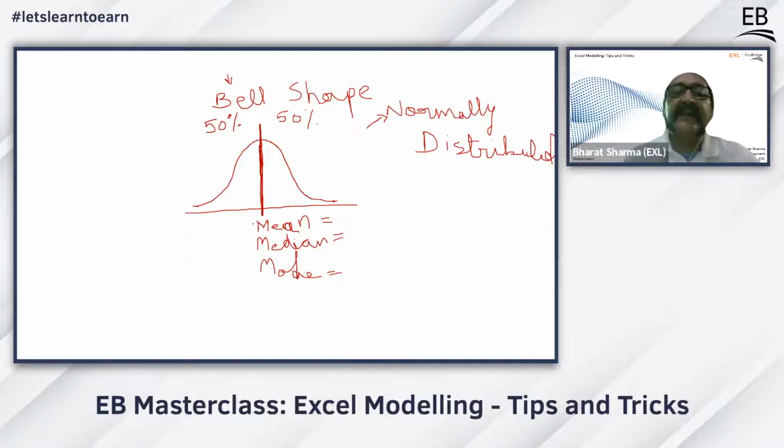Which means this side will have 50% of the data and this side will also have 50% of the data.